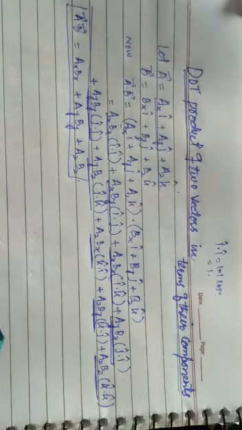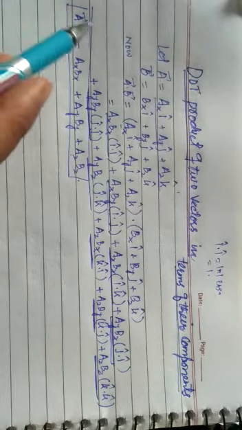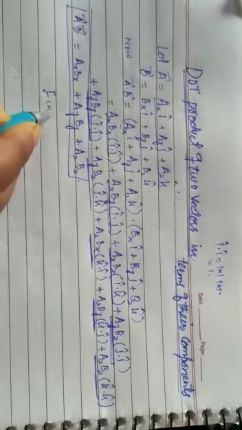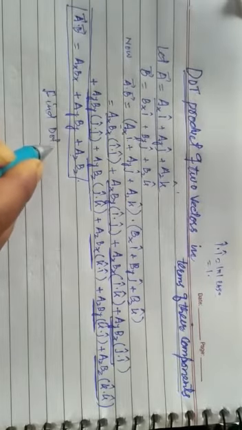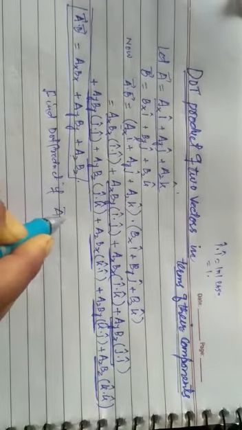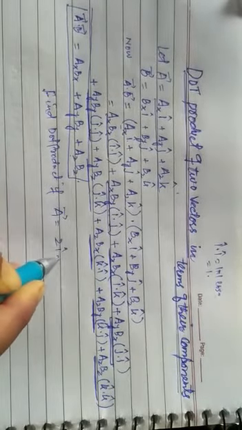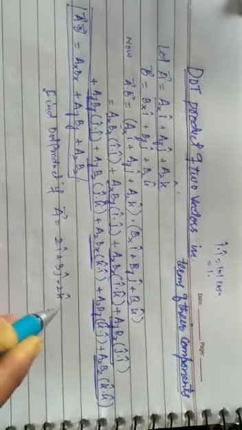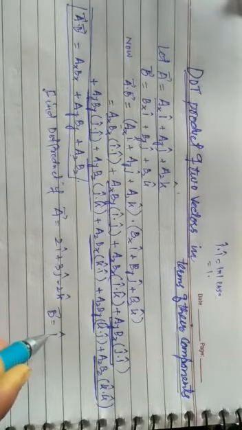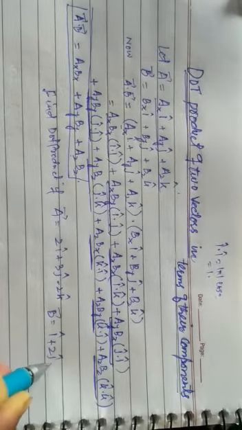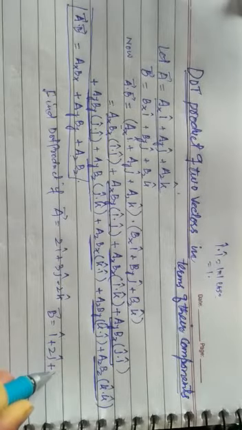For example, a simple question: find the dot product if vector a equals 2i plus 3j minus 2k, and vector b equals i plus 2j plus 2k.